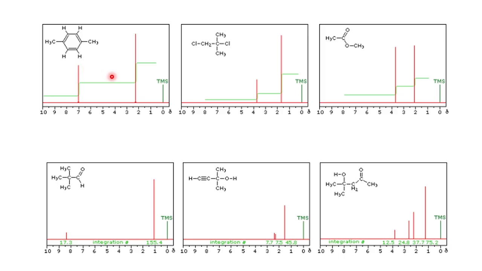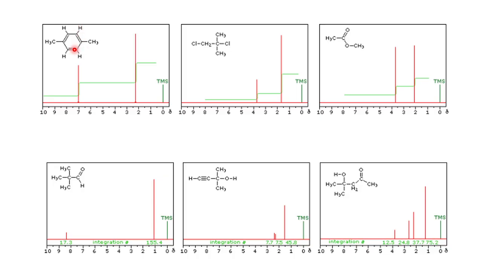Now what we have discussed about shielding and deshielding, from there you will get the idea. If we compare the electronic environment of the proton nucleus, the CH3 is less deshielded, and the aromatic proton, because it is attached to sp2 carbon, is more deshielded.